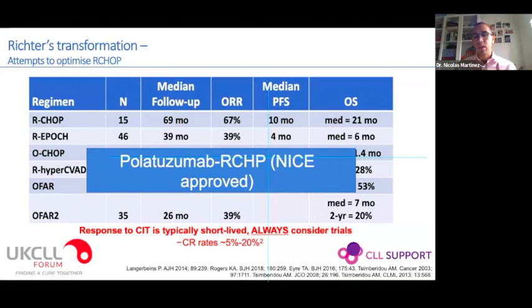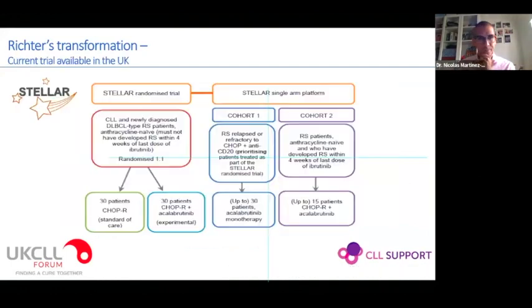And obviously, more importantly, the evidence for polatuzumab R-CHP is with full dose R-CHP, so there's no evidence about the use of polatuzumab with attenuated doses of R-CHP. So that's also something that we should be mindful of.